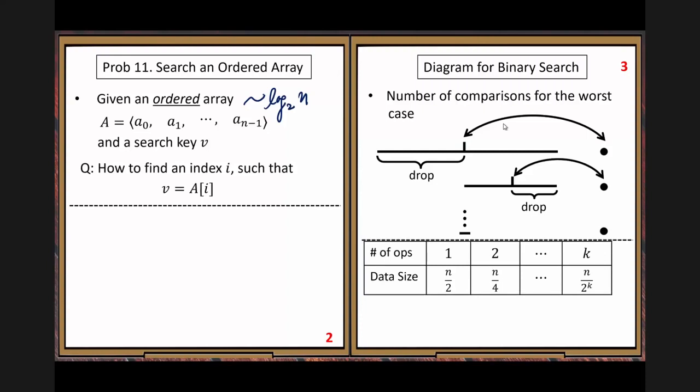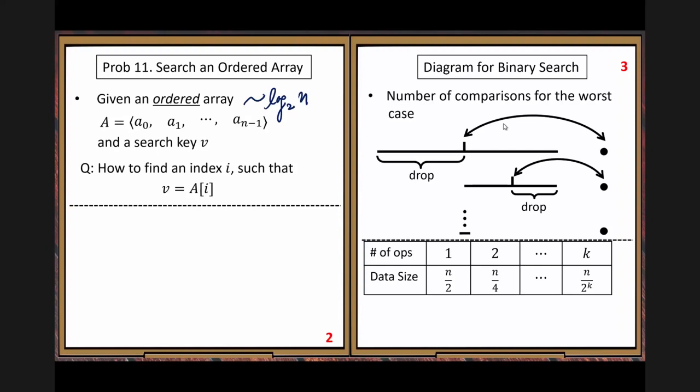After one comparison, the data size becomes n/2. After two comparisons, the data size becomes n/2 squared, and so on. Here, this is the approximate data size. You may argue this expression may not be accurate because n over a power of 2 may not be an integer. That's right, but here I just say approximate size.